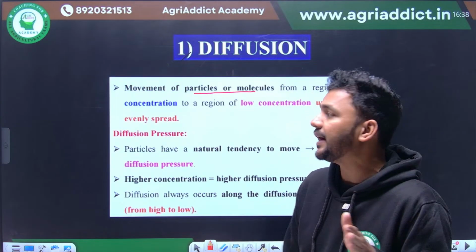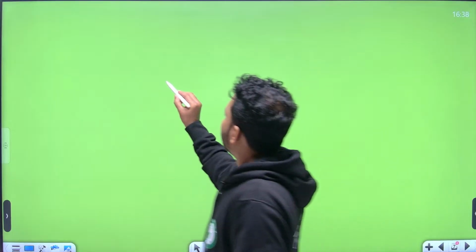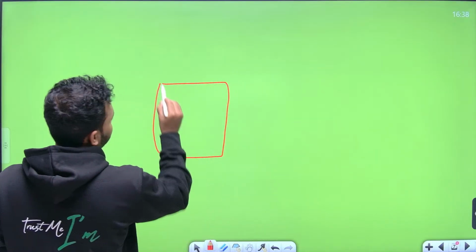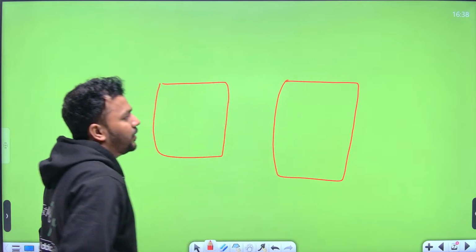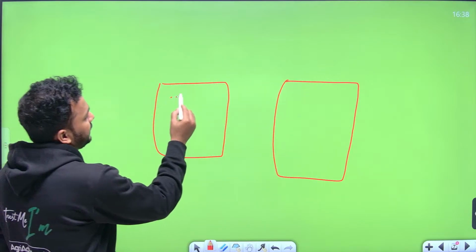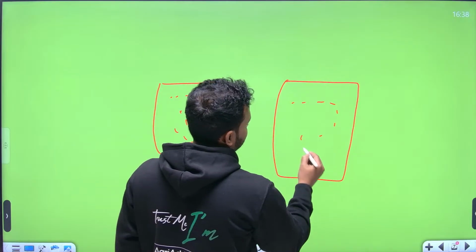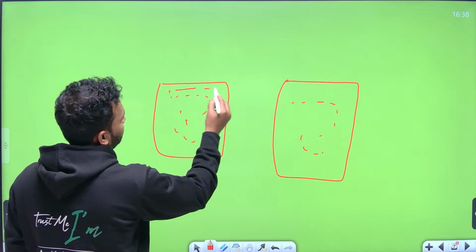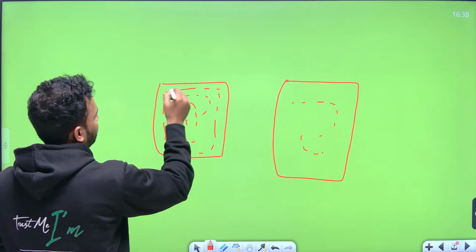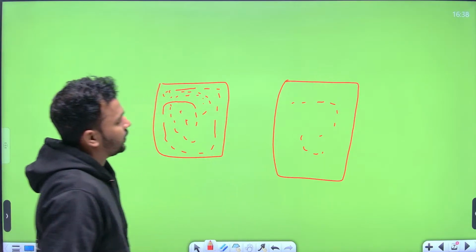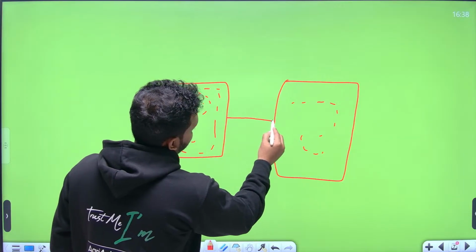And who gave the direction? So for example, this is one system, and here are some particles, and here also are some particles. And the direction is this.